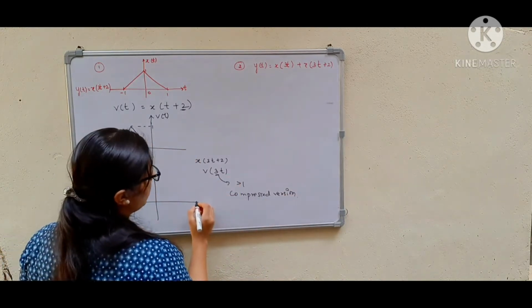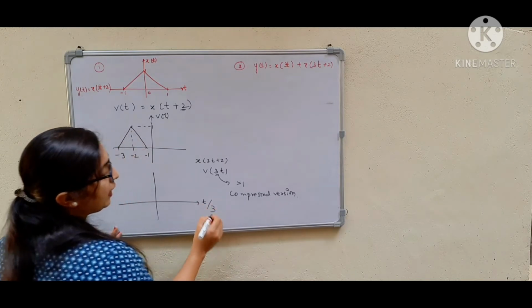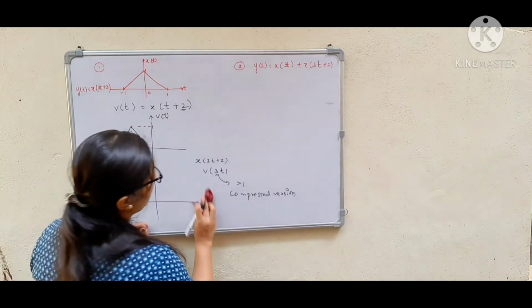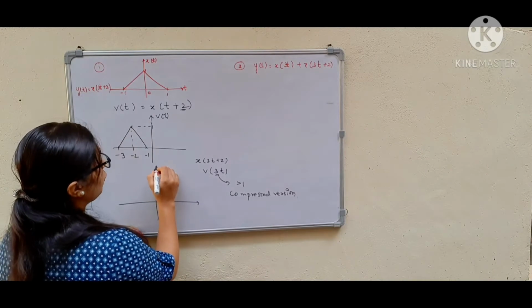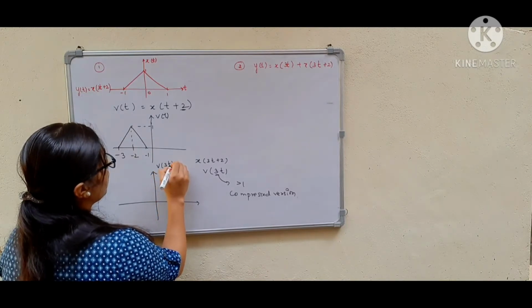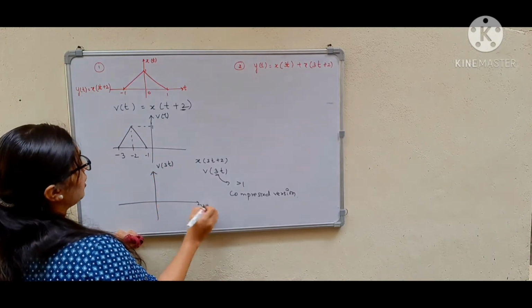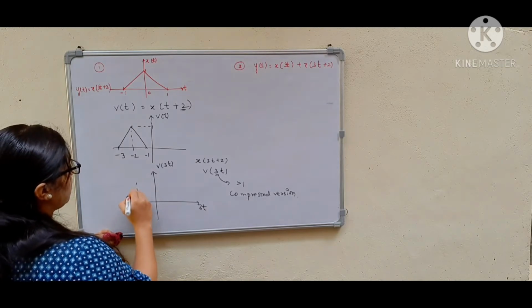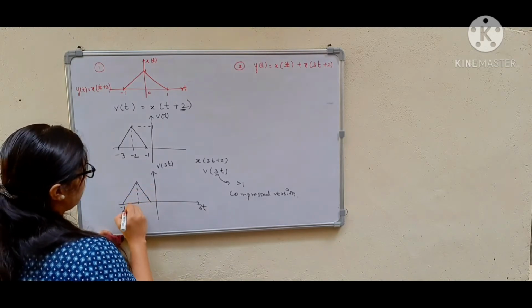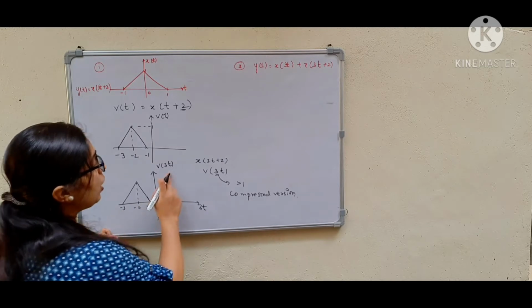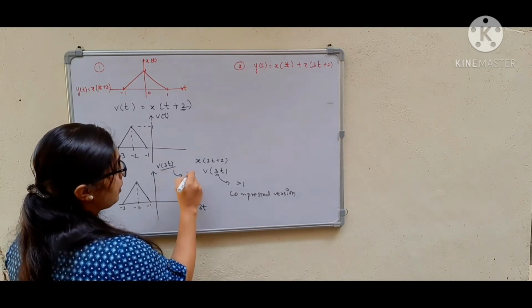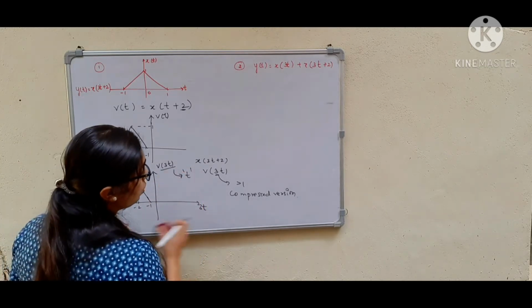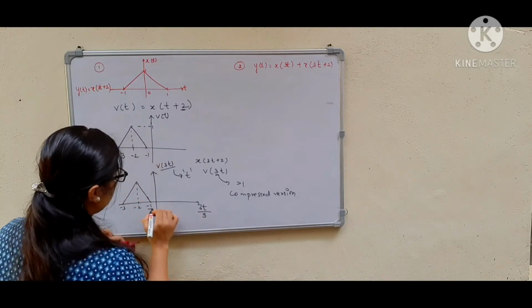That means the time will be divided by 3. If I consider v of 3t with respect to 3t, then we have the same signal at -3, -2, -1. But now we need v of 3t with respect to the t axis, so this should be divided by 3.